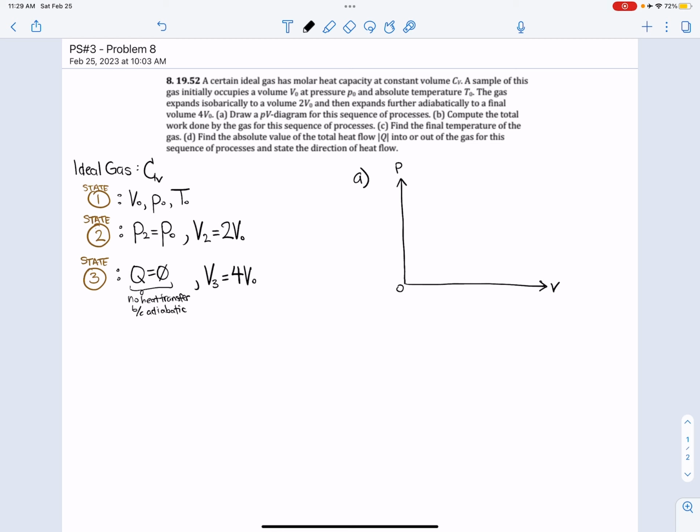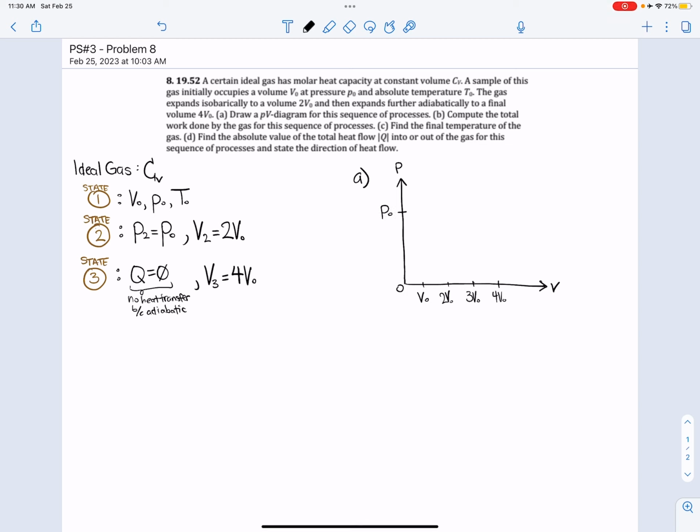So at state 1, I have V0, 3 V0 and 4 V0. And then I've got P0 right there. Move that closer a little bit.